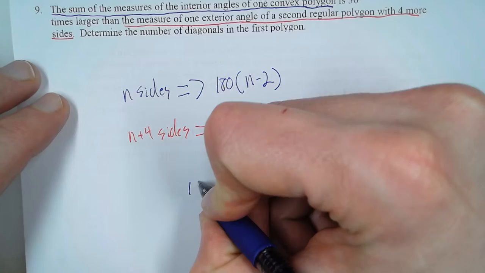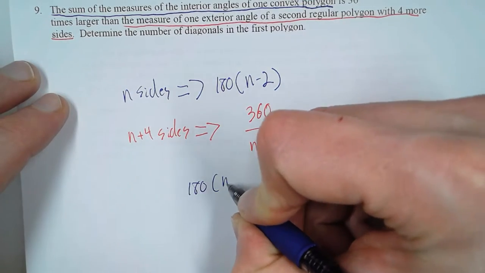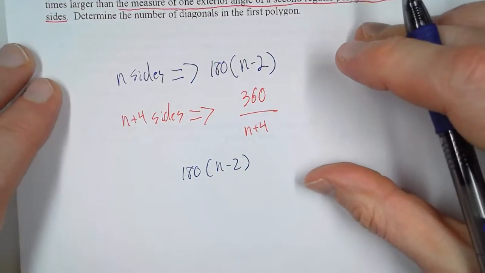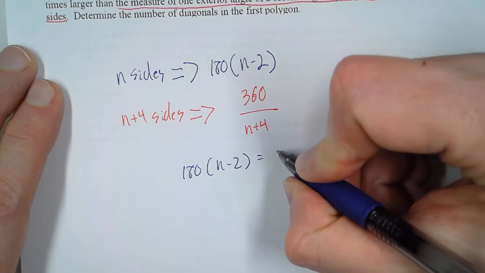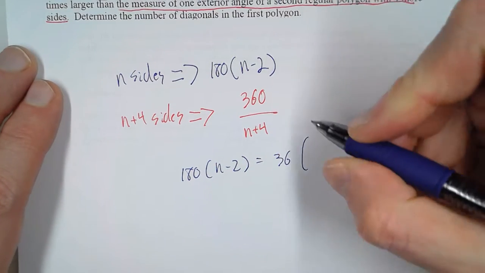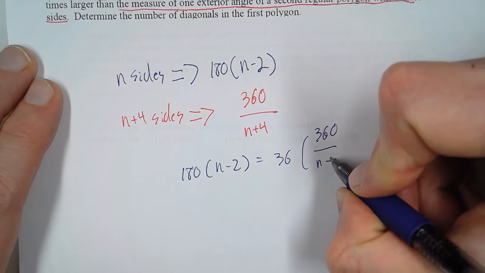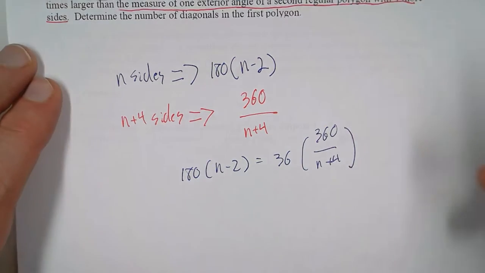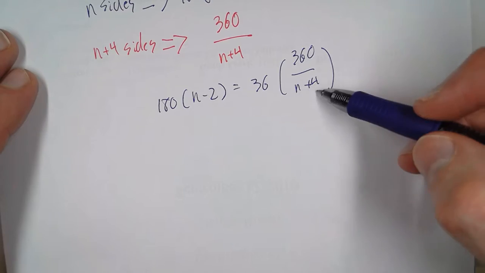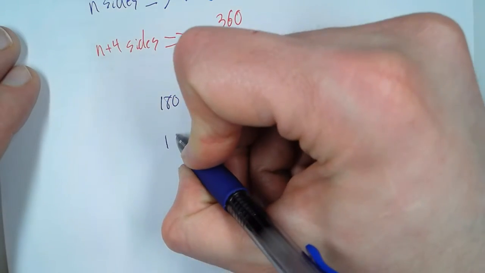So we set 180 times n minus 2 equals 36 times 360 over n plus 4. So we'll take the n plus 4 quantity and multiply it over.